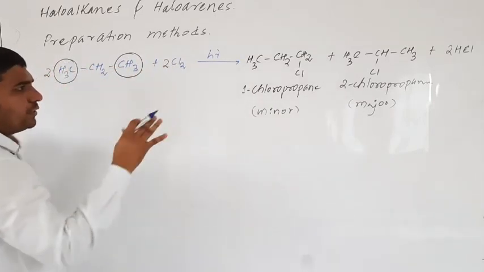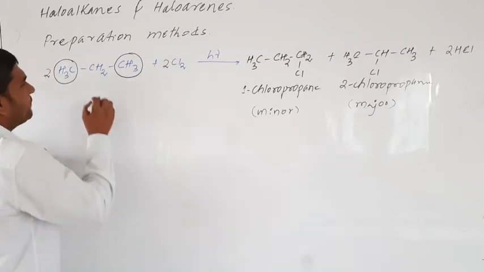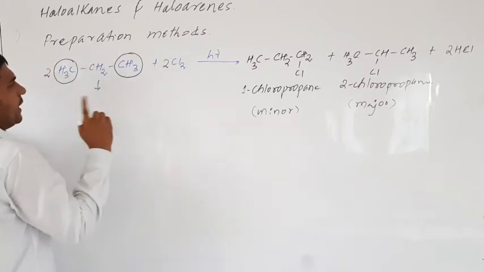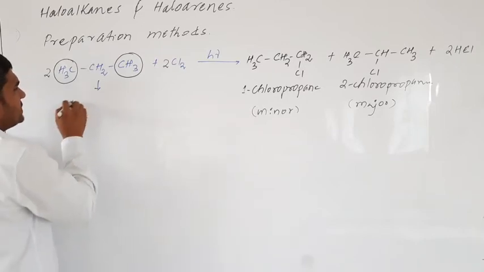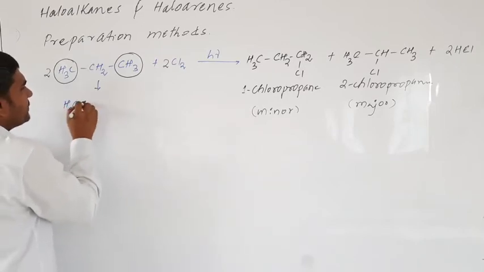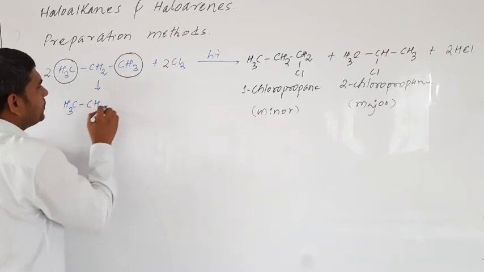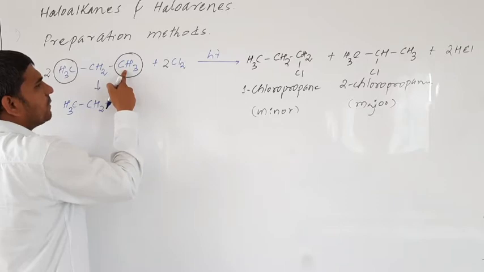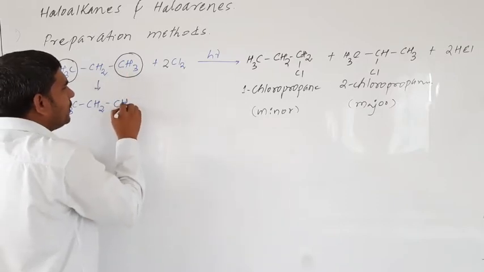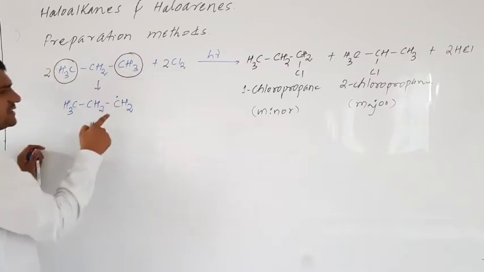Listen carefully. I told you this process takes place with the formation of free radicals. Over here two free radicals are produced during the process. First one is CH3CH2CH2 dot. If you cleave this carbon hydrogen bond, you get CH2 dot. This is what?